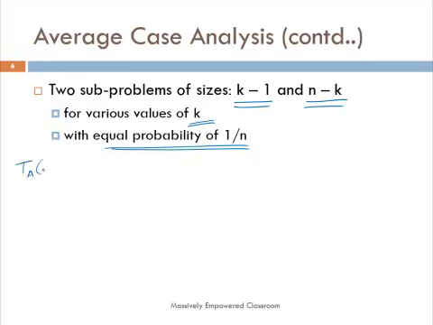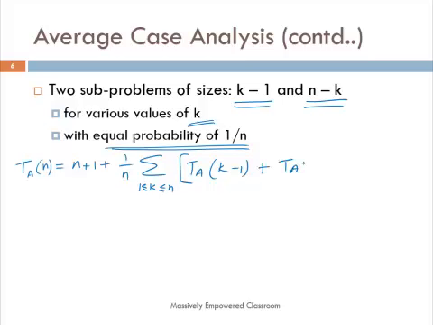Let's say we write T_a(n) to indicate that it's the average case. It will be n plus 1 plus 1 by n times the summation of 1 less than or equal to k less than or equal to n of T_a(k minus 1) plus T_a(n minus k).